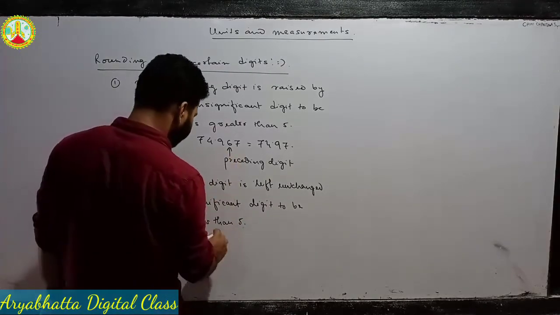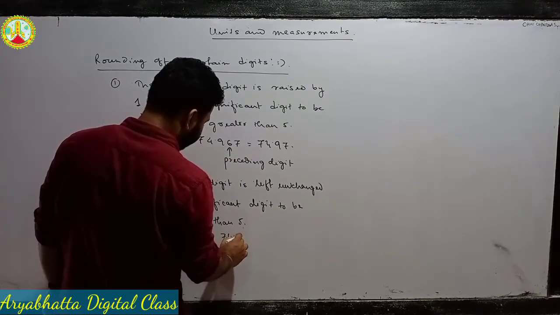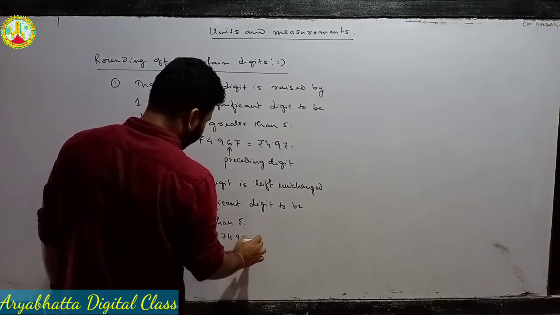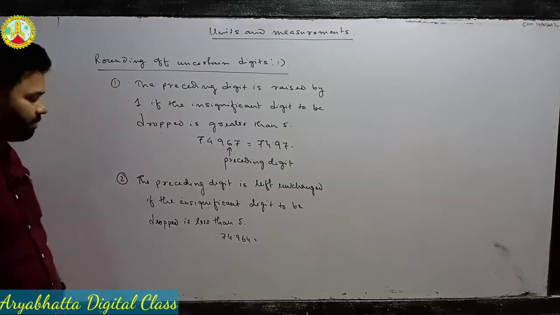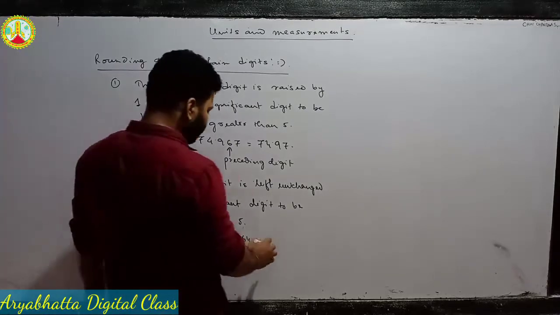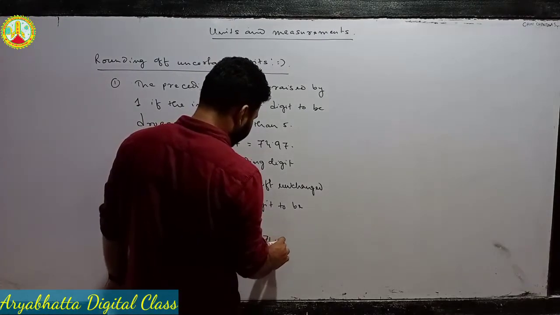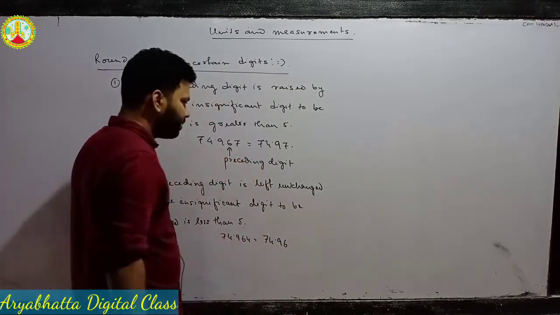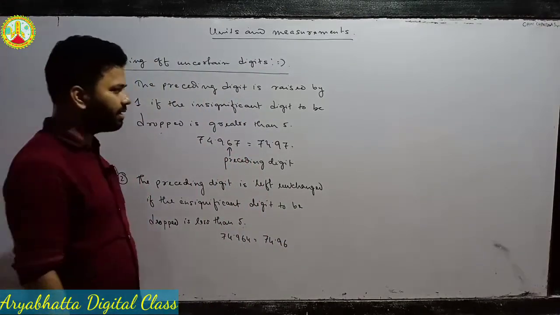For example, suppose 74.964. The last digit that we want to drop is less than 5, so the preceding digit will be left unchanged. So this is the second rule of rounding off.